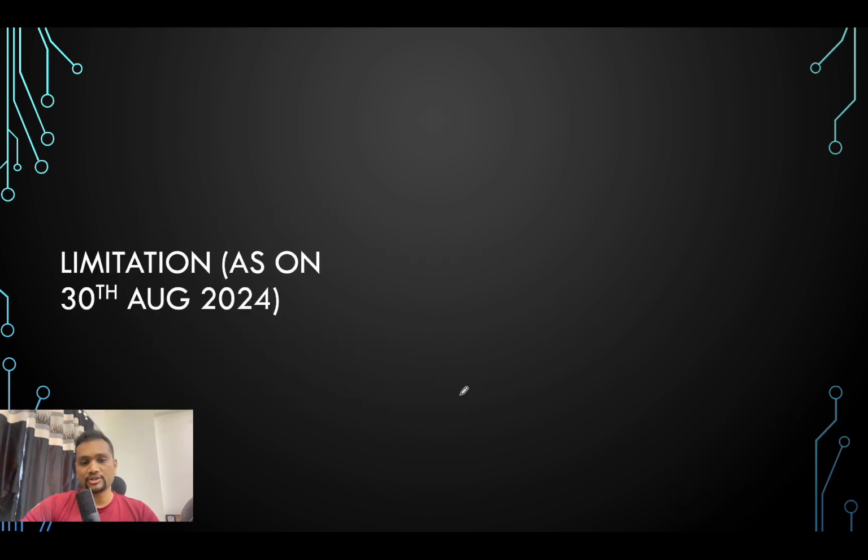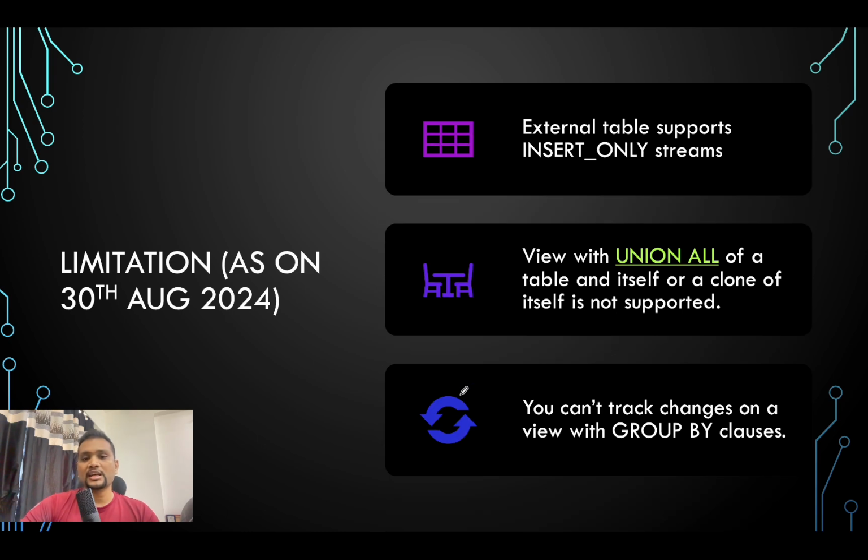So what are the limitations? The limitations are very few, but you still have to know them. External tables and Iceberg tables with an external catalog support only insert-only streams, so you cannot have update operations captured in your stream. Second, if you have a view which has UNION ALL with the same table, a clone table, or any other table, then it is not supported.